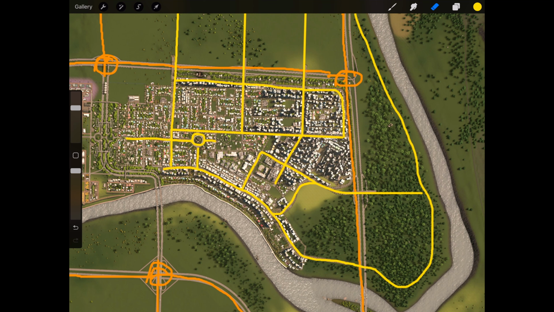I'm losing, I think, a lot of potential good traffic flow due to the fact that I kind of misorganized my arterial roads here.